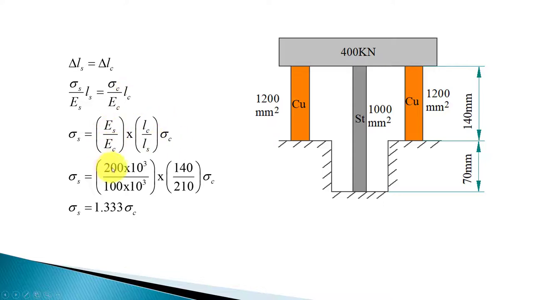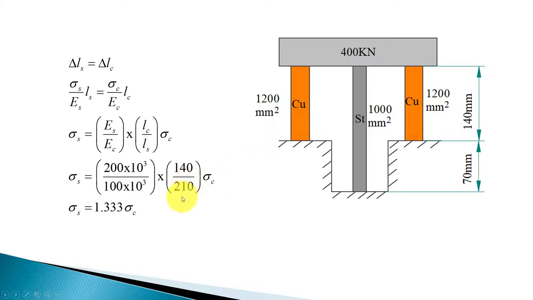Now ES, the Young's modulus of steel, is 200 into 10 raised to 3, and EC is 100 into 10 raised to 3. LC, the length of copper, is 140 mm, and LS, the length of steel, is 210 mm.